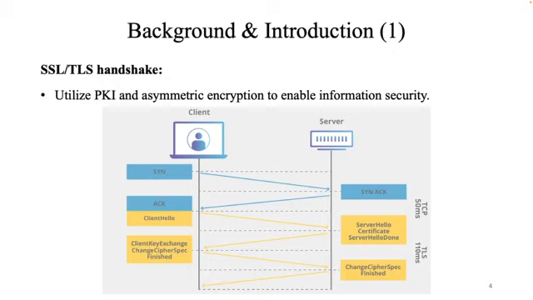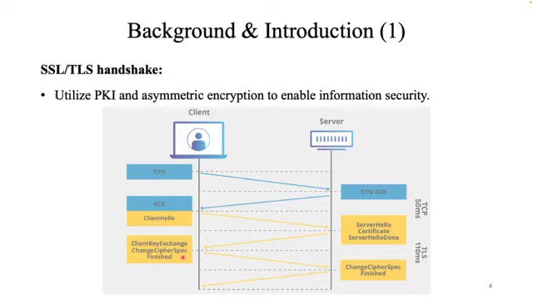And here you can see the process of the handshake. After a TCP handshake, the client will initiate a client hello message, which is also a request for the TLS or SSL connection. And after the server receives the hello message, it will respond back with server hello, and also the chain of certificates, and also the server's public key, and server hello done message.